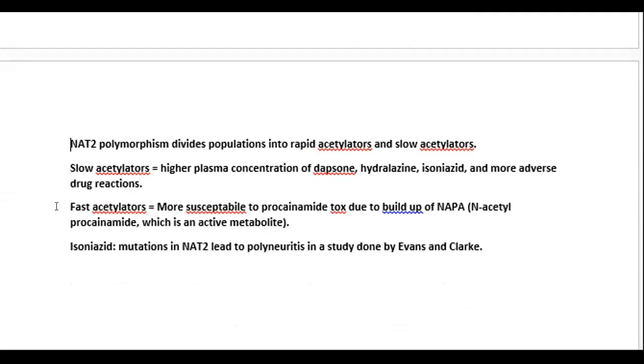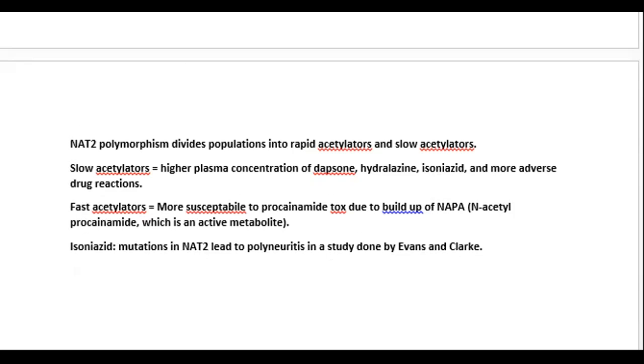The slow acetylators have a higher plasma concentration of dapsone, hydralazine, isoniazid, and more adverse drug reactions, and fast acetylators are more susceptible to procainamide toxicity due to the buildup of NAPA, that is N-acetyl procainamide, which is an active metabolite. The isoniazid mutation in NAT2 leads to polyneuritis, which is a study done by Evans and Clark.